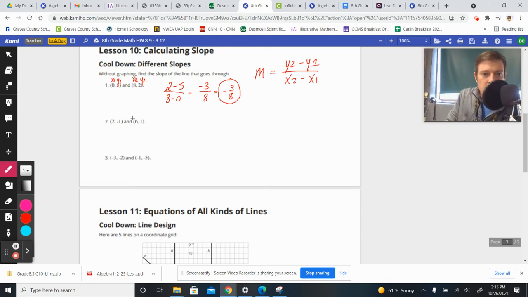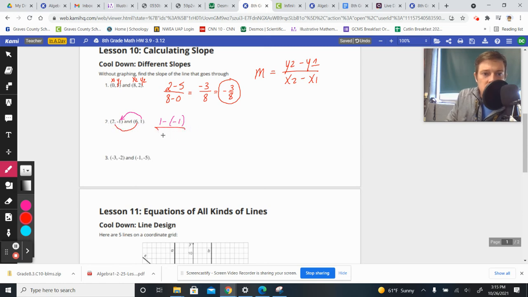X, Y, X, Y. We always start on the right and we connect it to the one that it goes with on the left. So y2 is 1, y1 is negative 1. So we're going to do 1 minus negative 1 for our first pair. And then our second pair is going to match up the x's, which is 6 and 2.